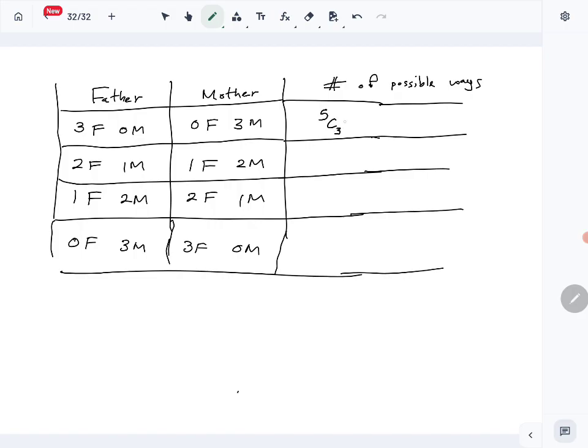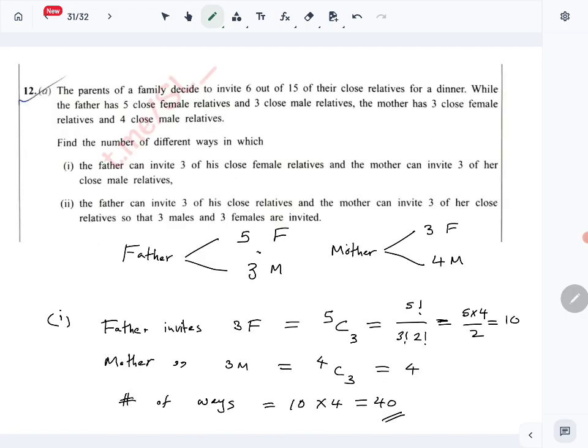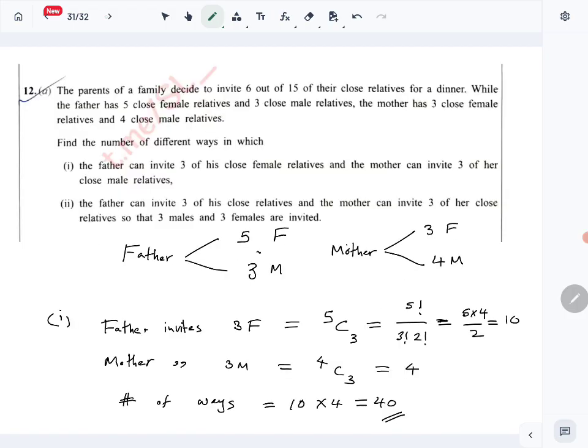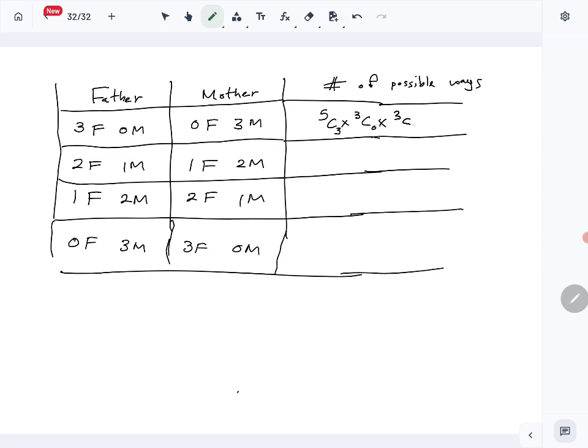Zero males, so that is 3C0. This one you don't even need to write because that is one, no? Zero females from mother's side is 3C0 and 4C3. Right. Then simplify and get the answer.